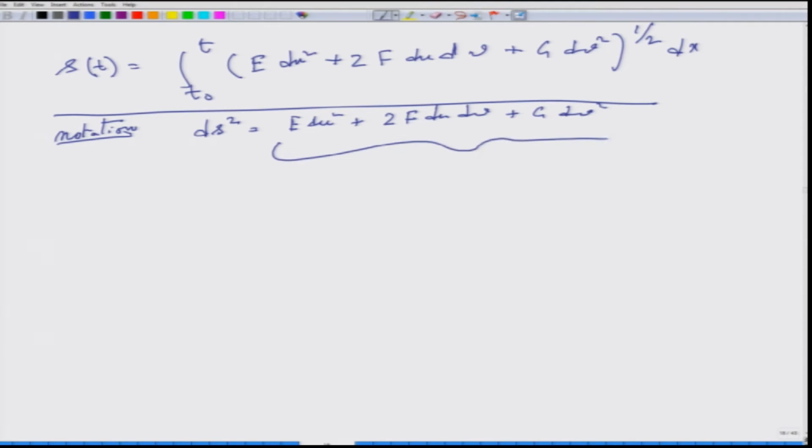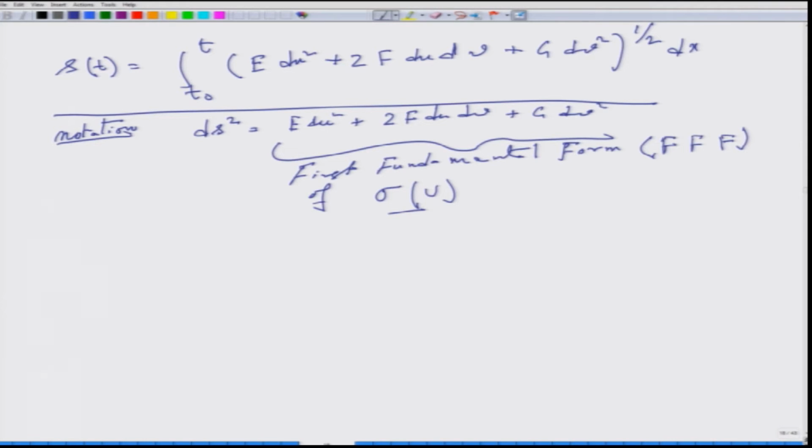This fellow is known as the first fundamental form, the abbreviation F, which we will follow throughout, of the surface patch sigma. This is the first time we are seeing such an expression.